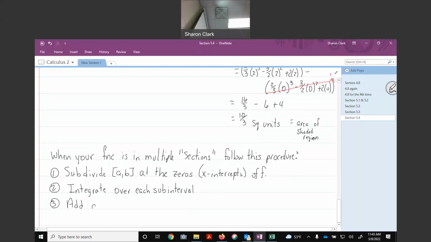Then add the absolute value of the integrals.